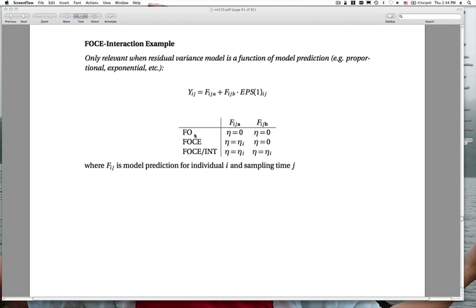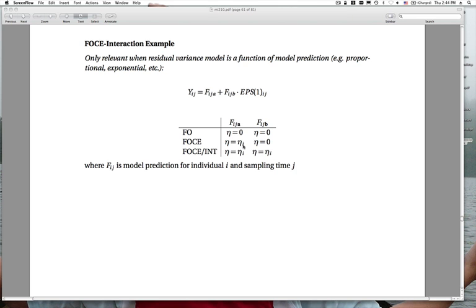So in the first case under FO, both of these predictions are evaluated at eta equal to 0. That's the very crude assumption that all the individuals are the same. There's no inter-individual random effects. And so there's no difference there between the two. Under FOCE, though, the prediction, as I showed you before, is evaluated now at the individual specific random effects. So this model prediction, f of ij a, is evaluated at eta equal to the individual eta.